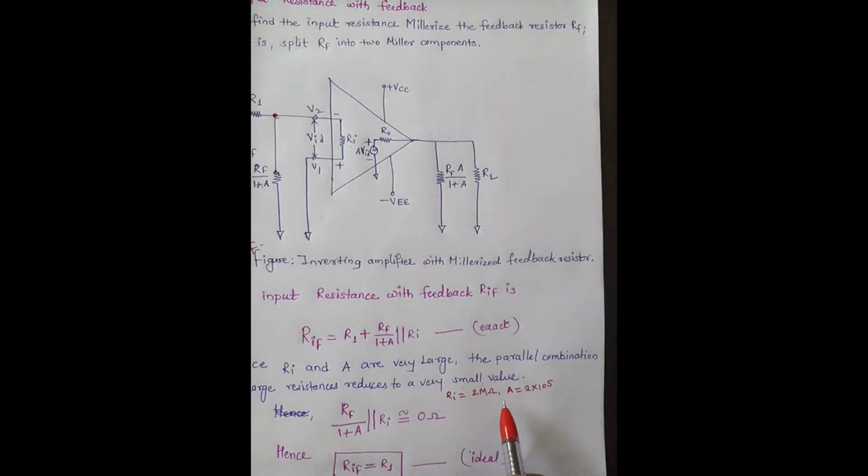So when these two are in parallel combination, the combination reduces to a very small value. You can also compute this and compare: when we have the parallel combination of two large values, it reduces to a smaller value. When we compare this value with resistor R1, it will be very small. That is, this parallel combination reduces to nearly 0 ohm. RF by 1 plus A in parallel with Ri is approximately equal to 0 ohm.